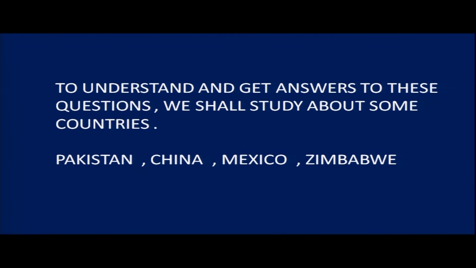To understand this, we will study about certain countries like Pakistan, China, Mexico and Zimbabwe, where although certain conditions of democracy were fulfilled, we still cannot term them as complete democracies.